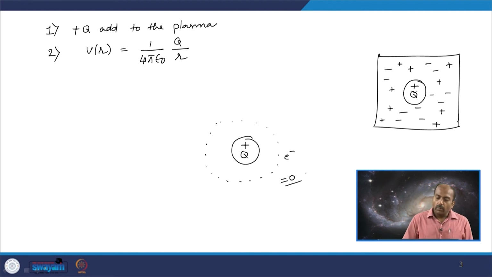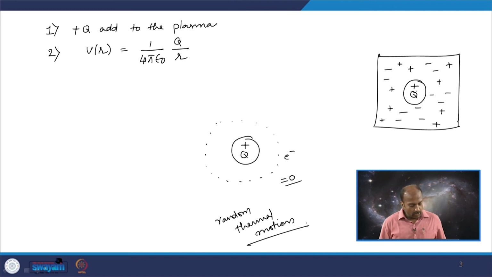Now, ideally this is what is supposed to happen, but this will not happen. What happens is that the random thermal motions of these electrons will come into the picture.